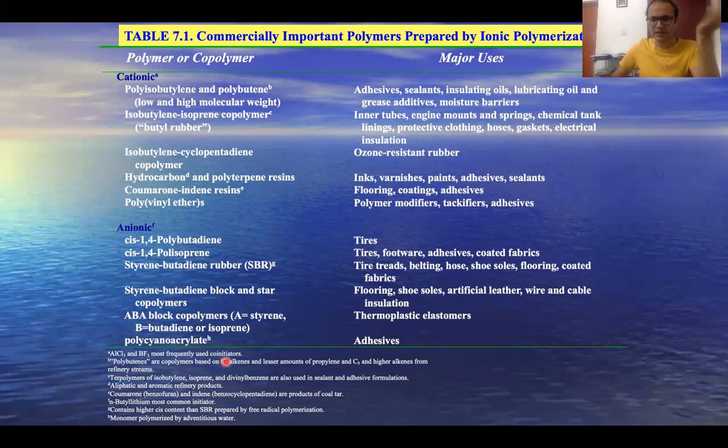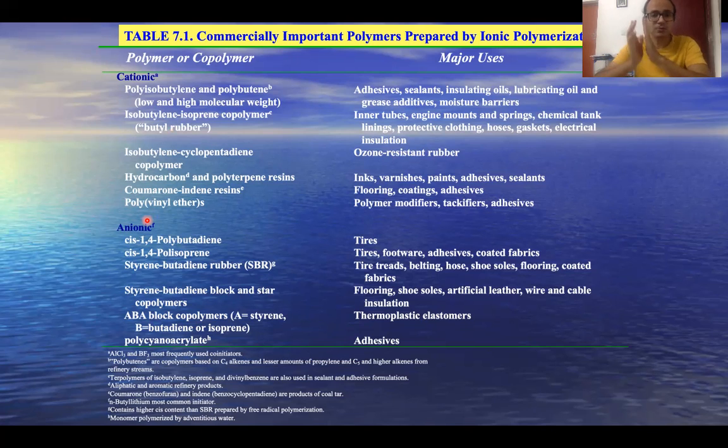So I would like you to go through them, just to get a feel of what all the monomers and the various polymers are that are synthesized using cationic and anionic polymerization. Because when you write about these polymerizations, it's always advisable to give examples. Giving examples would always be better when you write in your examination.